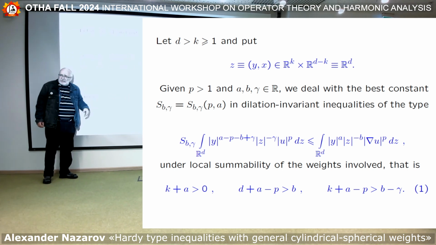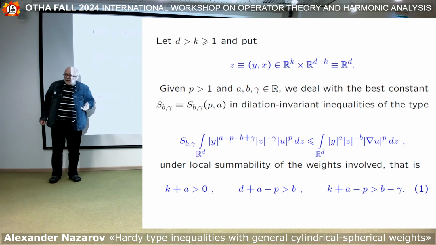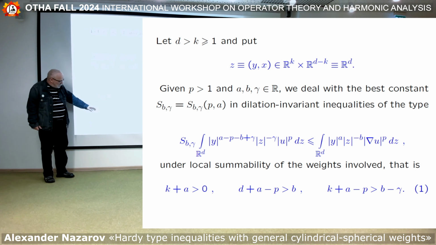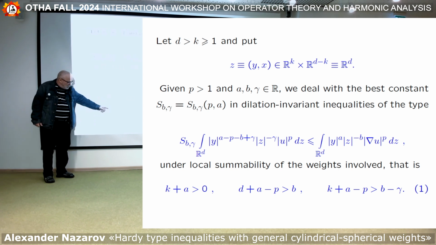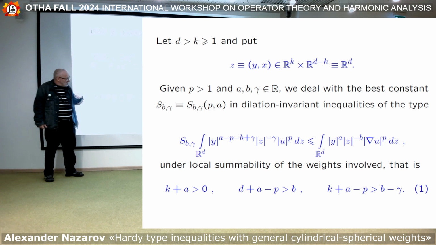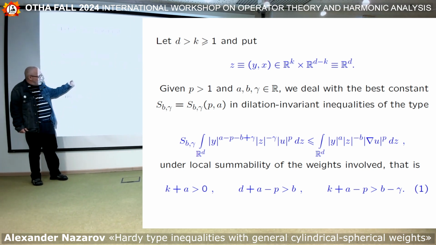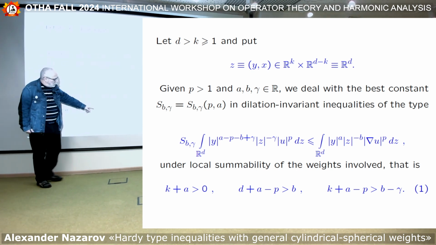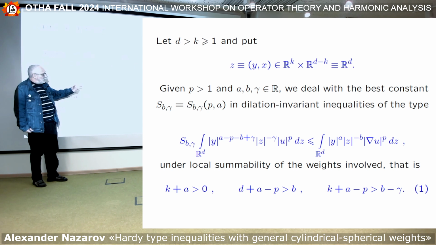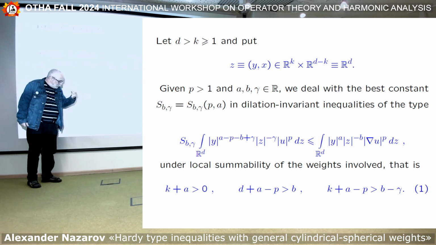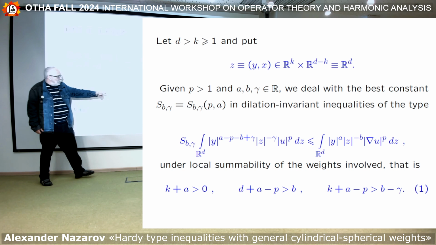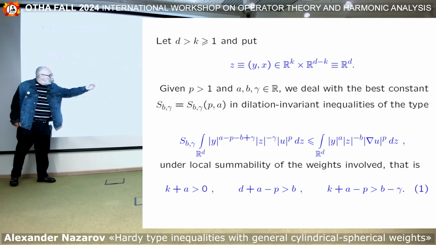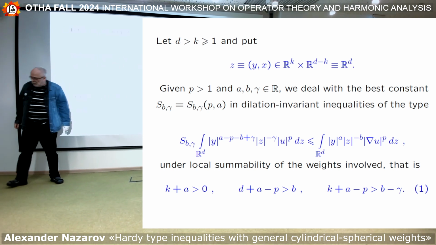If y is 0 and z is 0 and infinity, surely. And this means that k plus a should be greater than 0. It gives us summability at the origin, and this inequality gives us summability here, where y is 0.